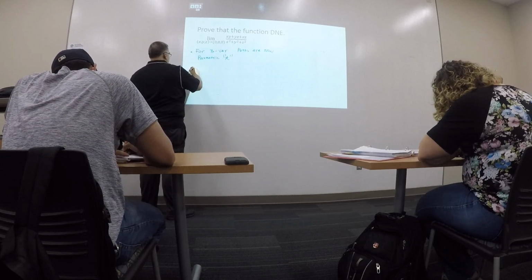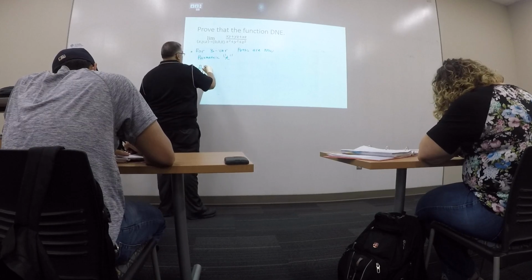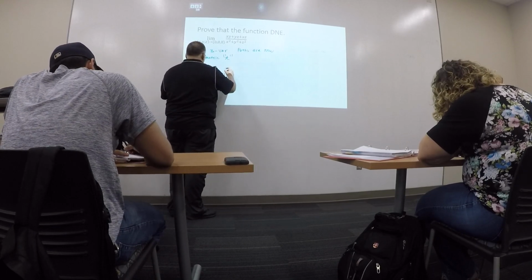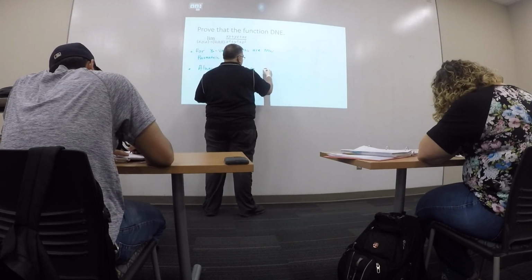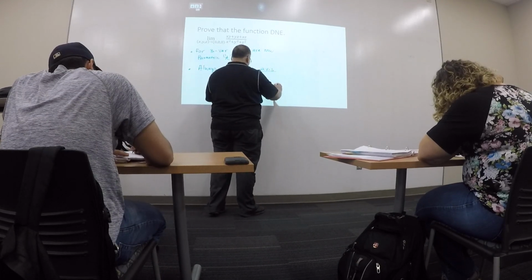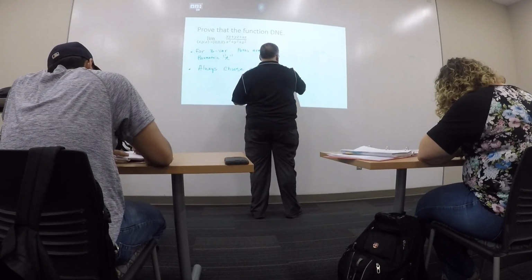And then here's the next thing that we do. Always choose an axis as the first path. I always choose, again, along the x-axis. Always choose an axis as the first path.